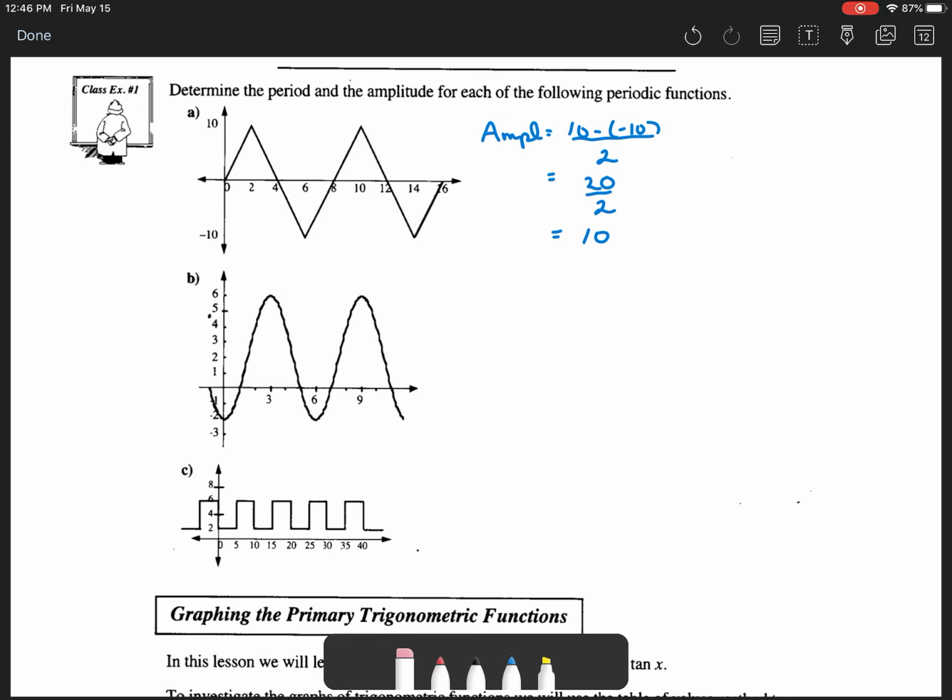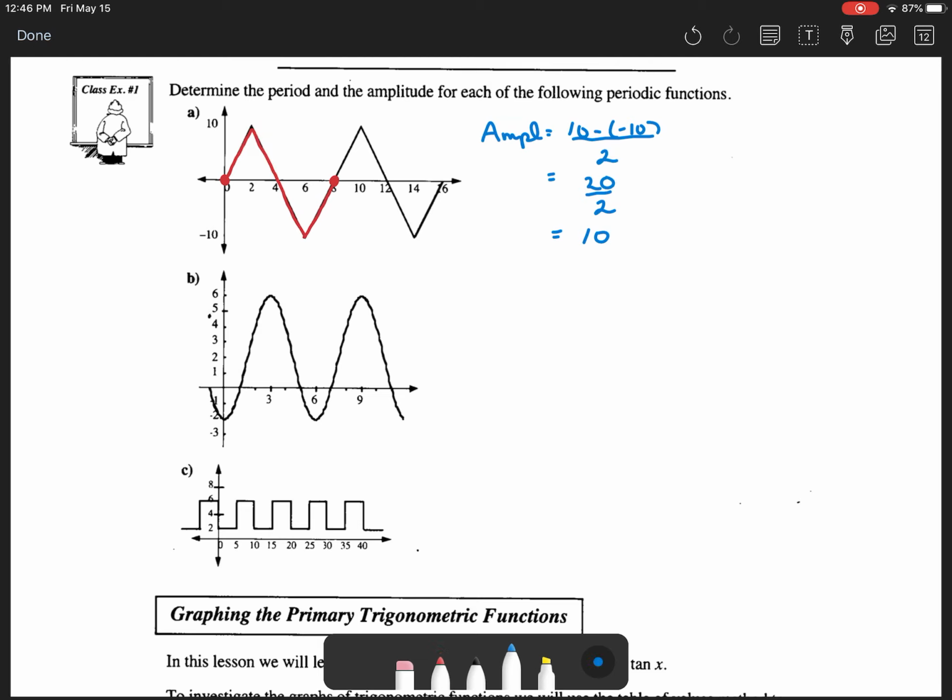Now, the period length, I'm going to show you how to do this a couple ways, because sometimes they don't give you a full picture of the full graph. They only give you a partial one, so I'm going to give you about 3 different ways here to find the period length of a graph. Now, hopefully, we can always look right on the x-axis and see the horizontal distance it takes the graph to do one complete cycle. So from there to there is one complete cycle for this graph.